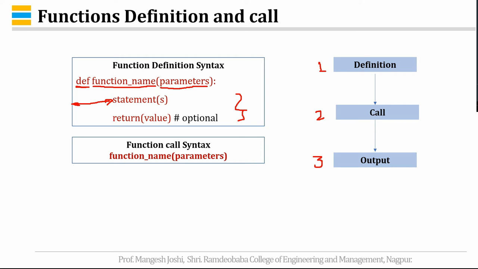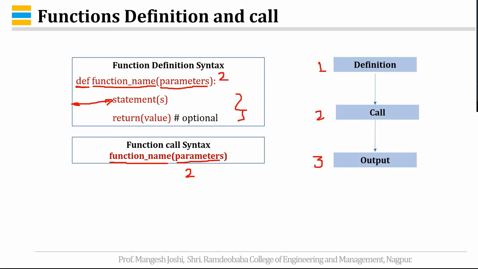Now how to call a function? You give the function name first, followed by the parameters. Always remember that if you pass two arguments or parameters in the call, then you must specify two arguments in the definition.